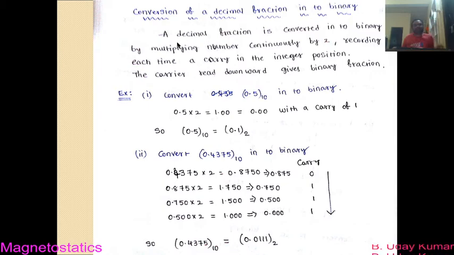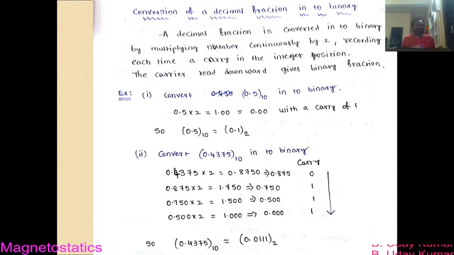So anyway, a decimal fraction is converted into binary by multiplying the number continuously by 2. In our previous slides, we tried to convert a decimal number into binary. While doing that, we followed the double-double method, right? In the double-double method, what we have done is that we have divided the given decimal number with 2, writing down its remainder on its side, and finally taking that remainder in reverse order.